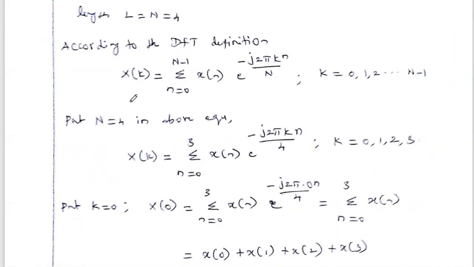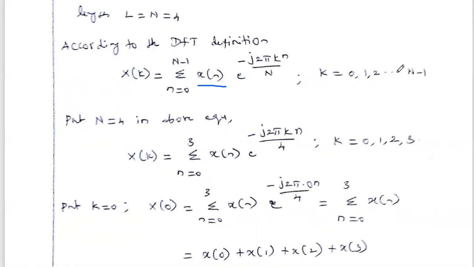The formula is X of k equal to summation n equal to 0 to N minus 1 of x of n e power minus j 2 pi k n divided by capital N. Here x of n is the given input sequence, small n varies from 0 to capital N minus 1, and we calculate X of k for k from 0 to capital N minus 1.